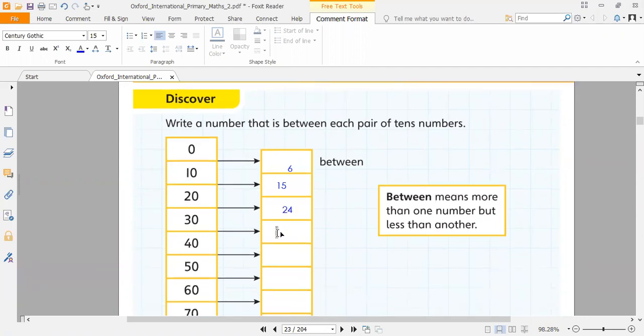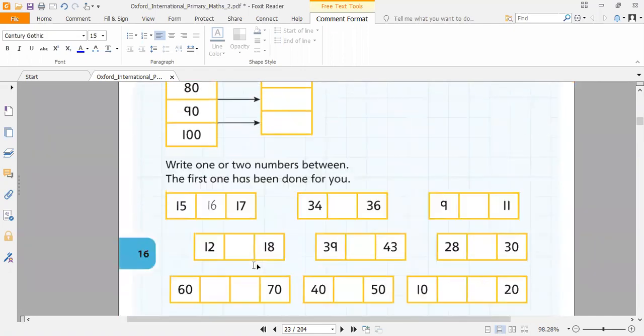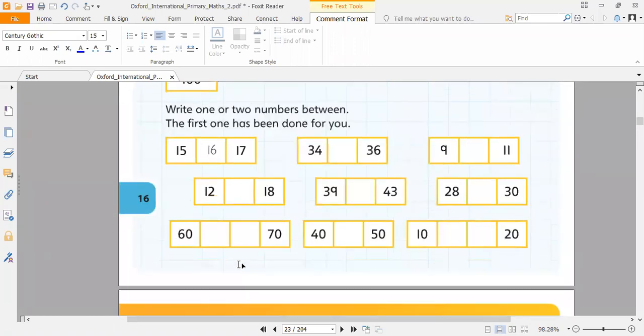Between 30 and 40, here we will write 5 because 5 is accurately between the tens, and the number between 30 and 40 is 35. The number between 40 and 50 is 45, and you can do the rest of the exercise.